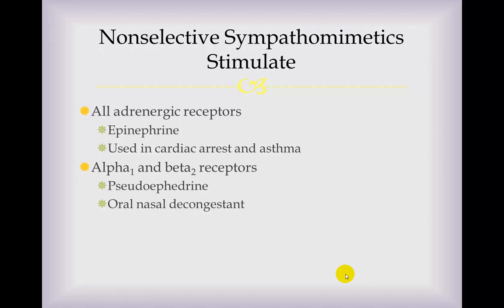And then some non-selectives will stimulate alpha-1 and beta-2, such as Sudafed. We know that Sudafed is a stimulant. It's primarily used in over-the-counter nasal decongestants when you can get it. But because it is a stimulant and it's non-selective, it also is going to increase heart rate and has the potential to increase blood pressure because of the increase in heart rate.